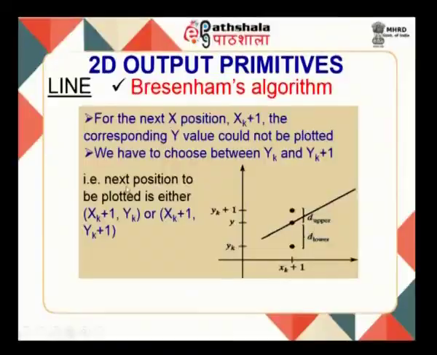As you see here, the next position to be plotted is (x_k plus 1, y_k). So, the y coordinate is either y_k or y_k plus 1. How do we decide whether it is y_k or y_k plus 1? The x coordinate is the same. The y coordinate is chosen based on the decision parameter.